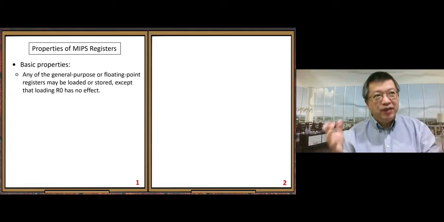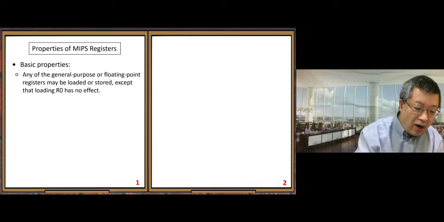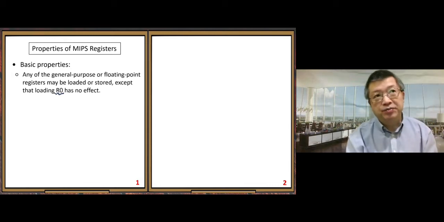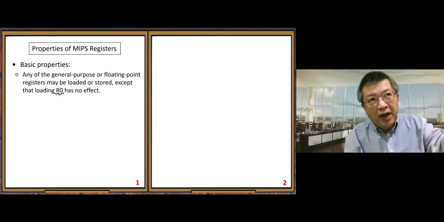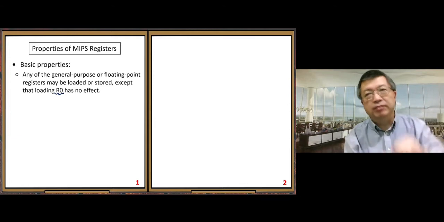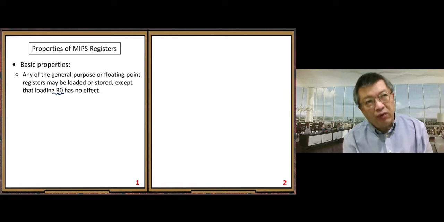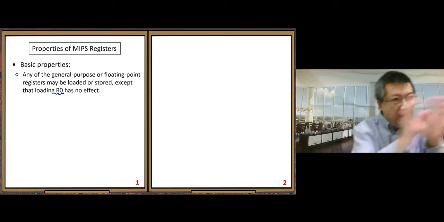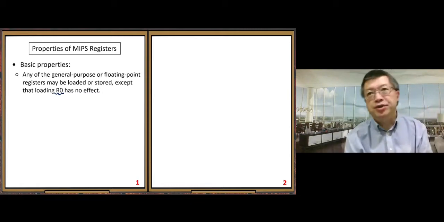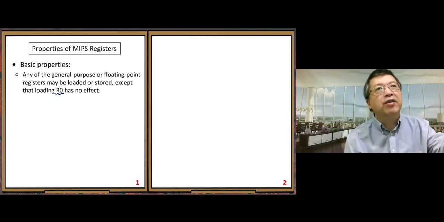Okay, so the first one tells us R0 is very special. It can only contain constant 0. You cannot change its value to a different one. If you load something into it, nothing happens.